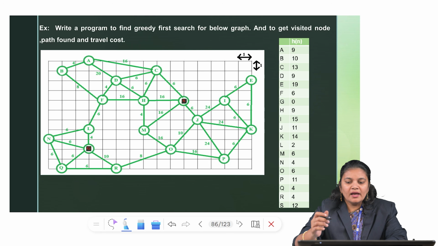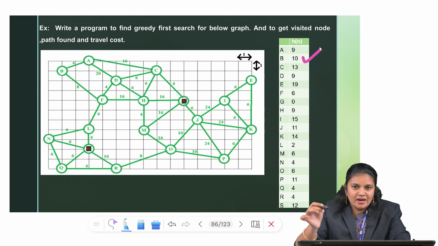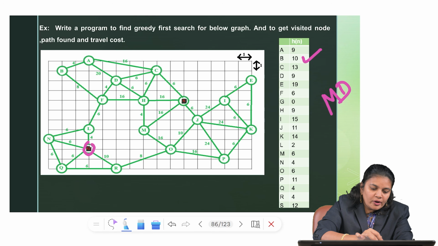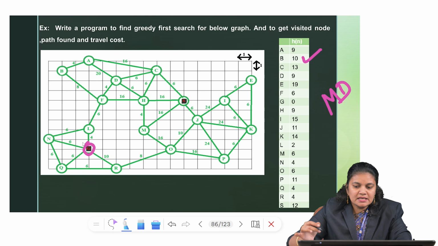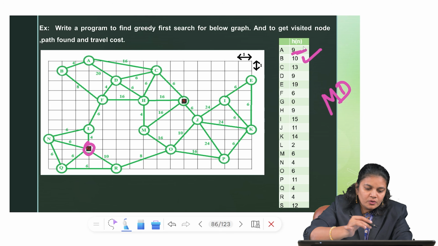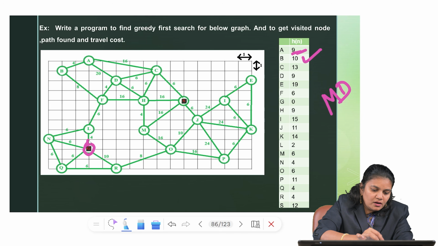Now let's move on with the same example. And here the heuristic value table is given. This is not given; this is extracted from our graph by using the Manhattan distance. This distance is calculated from the goal point, how much Manhattan distance each node has. For example, let us consider node A. From G: 1, 2, 3, 4, 5, 6, 7, 8, 9.